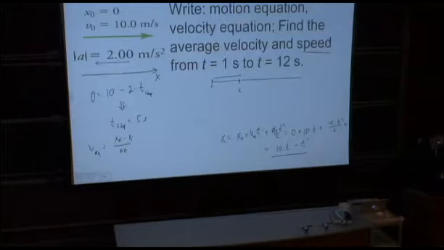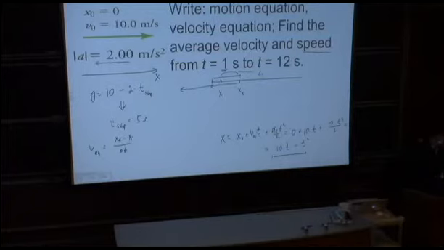Here, we can call it the x of reverse. It changes its direction, and now it travels back. So, when t equals 1, the object was here. That's what we call x1. From x1 to x reverse, that should be the distance traveled number 1.